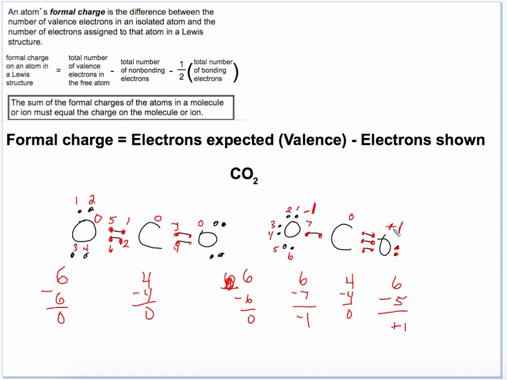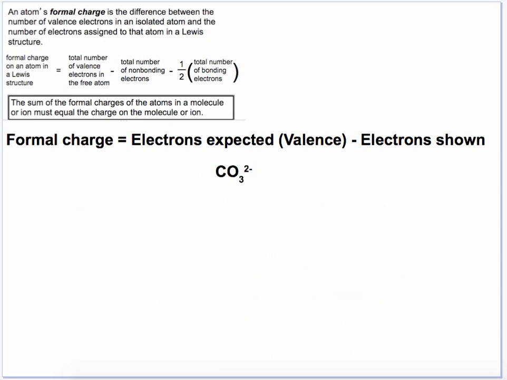With formal charges, you need to put the signs, so this is positive 1. As you can see, the sum of the formal charges of the atoms in a molecule or ion must equal the charge. So a minus 1 does cancel out a plus 1 to give the overall molecule 0 charge. There are other rules we'll talk about in a minute about how formal charge can be used to figure out which structure is the best.